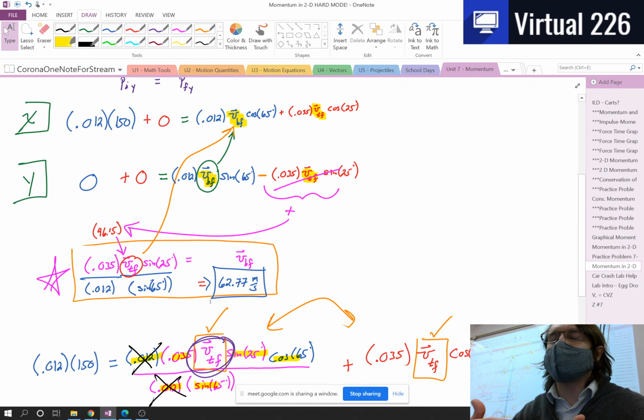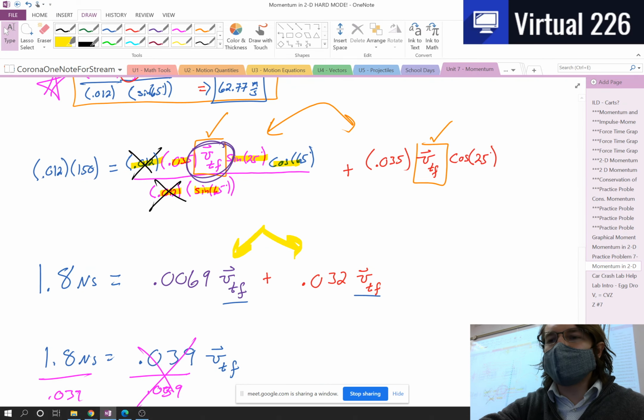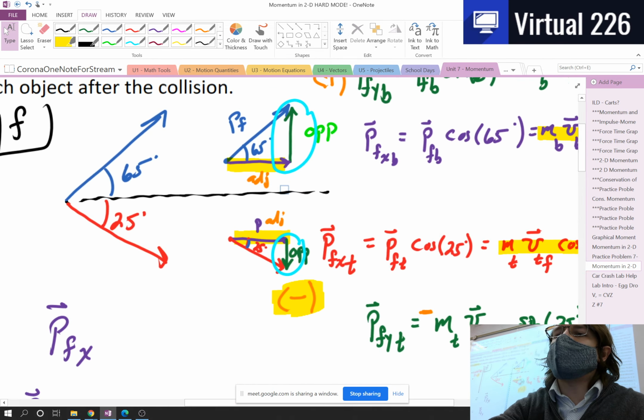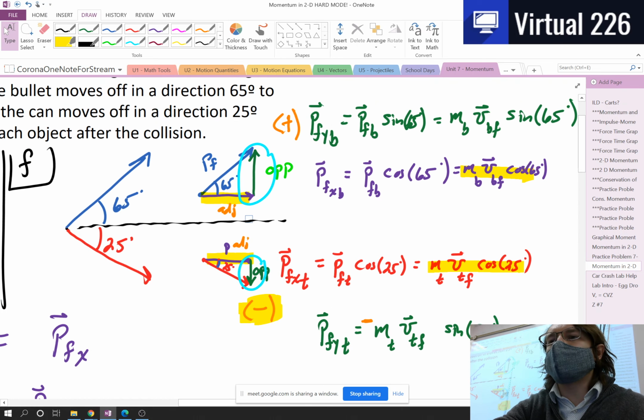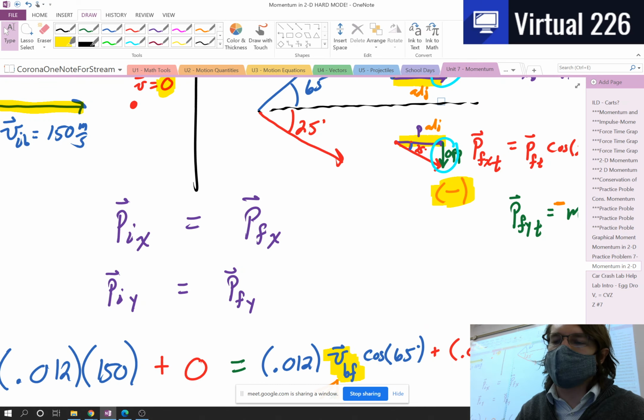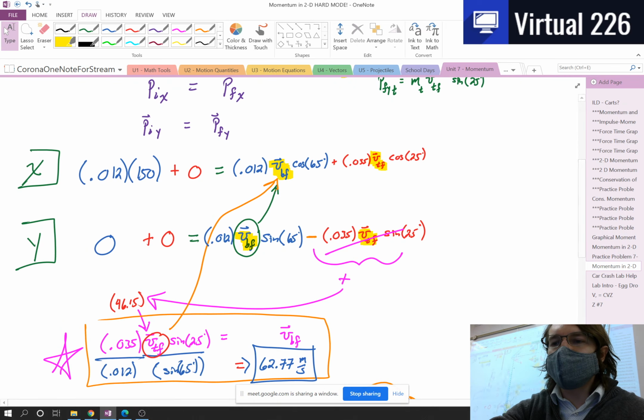This one just takes the cake in terms of the sheer amount of math that goes into it, simply because we had two dimensions we had to consider, and we had to break up those final momentums into an x-axis and a y-axis to conserve them. So a little bit more work than we've normally done, but in this case, we were able to apply our physics knowledge that we already know to solve them out with just a little bit of extra math.